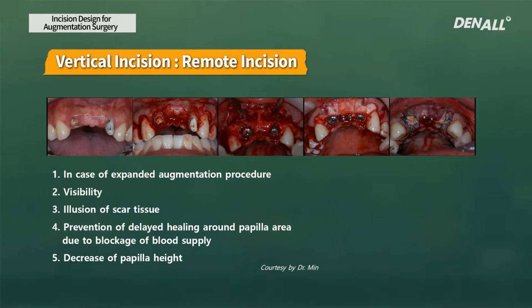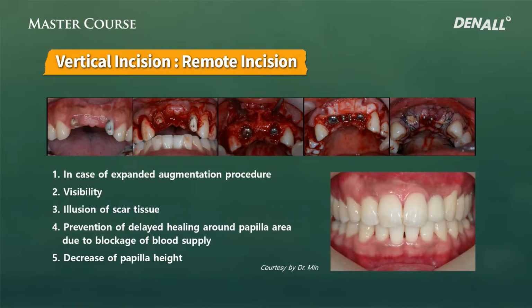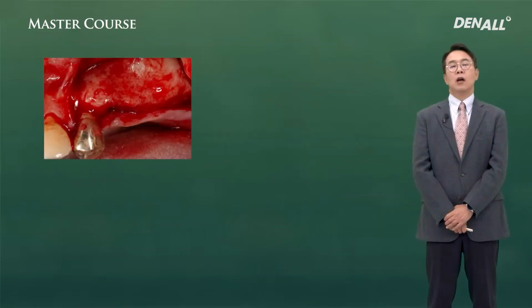One of them is that papilla height can be lost. The most influential factor for that is the height of bone in the interdental papilla area, which will be discussed later. The outcome of treatment is pretty good.